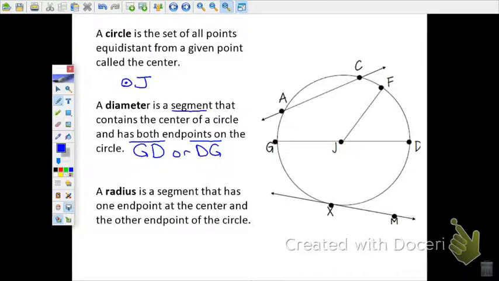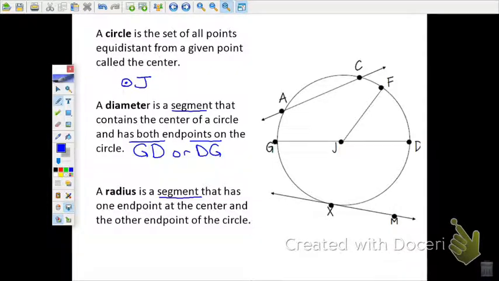Radius is right below the diameter in your notes. Again, radius is something we are already familiar with. It is a segment that has one endpoint at the center and the other endpoint on the circle. So again, we're naming a segment. When I'm looking for a radius in that picture, there are several different radiuses that we could name.